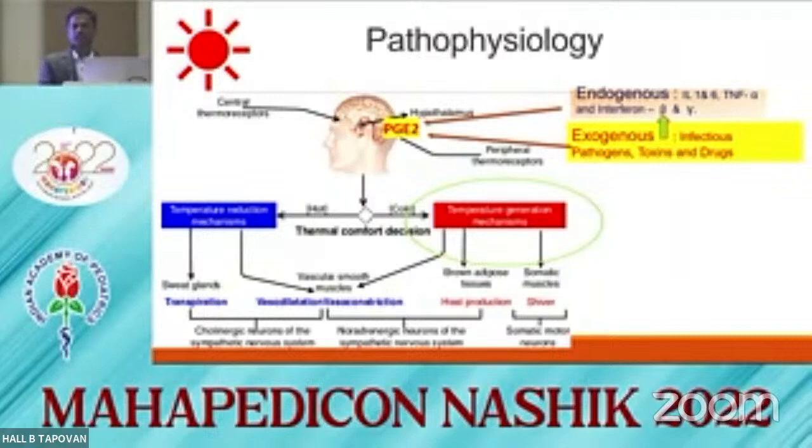This time it is known as hyperthermia because there is no change in the hypothalamic set point. In this type of patient, any dose of antipyretic is not going to be useful, and you have to try a different method like cooling of the body to decrease the temperature.